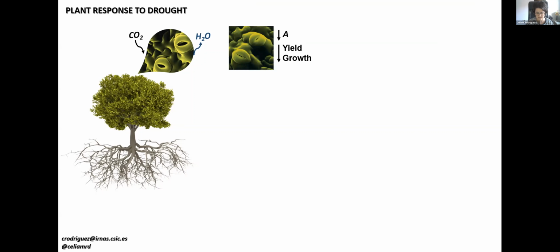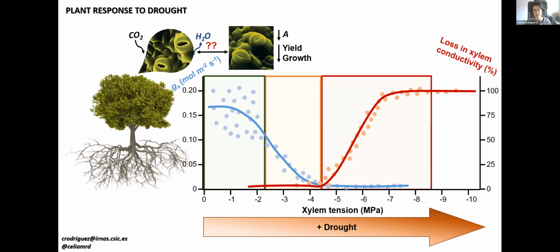So the gas exchange through stomata, known as gs, is very important from an agriculture perspective, and most importantly, what is triggering the stomatal closure, because it will give us an idea of the loss in productivity.